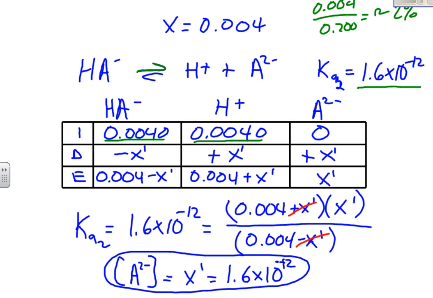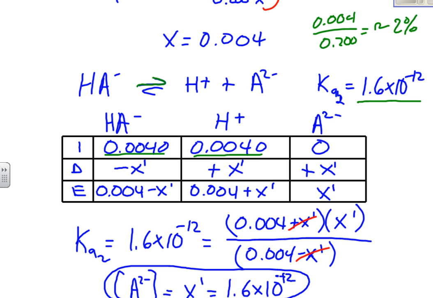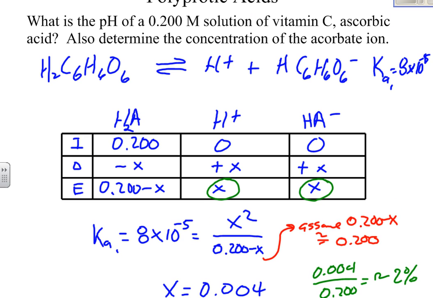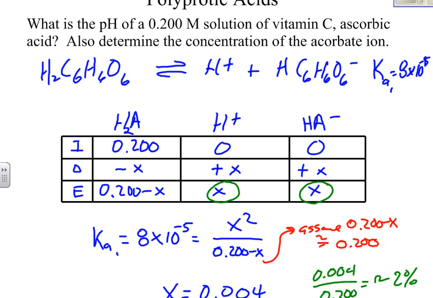Of course, I think we need to go back and figure out the pH. So we'd have to take the negative log of the H plus concentration, which would be the 0.004 up there. Basically what we're saying then is that if you're looking at just the pH, the pH of a polyprotic acid is going to be pretty much exclusively based on that first dissociation that happens.